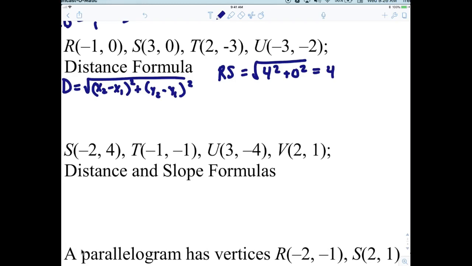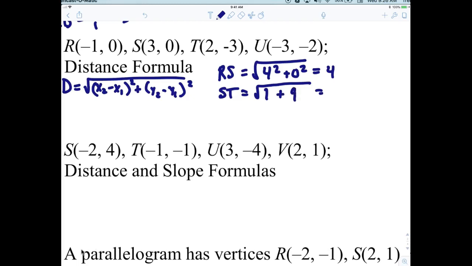Okay. All right, so now we have RS. Let's do ST. 3 minus 2 is 1. 1 squared is 1. Now, 0 plus 3 is 3, squared is 9.